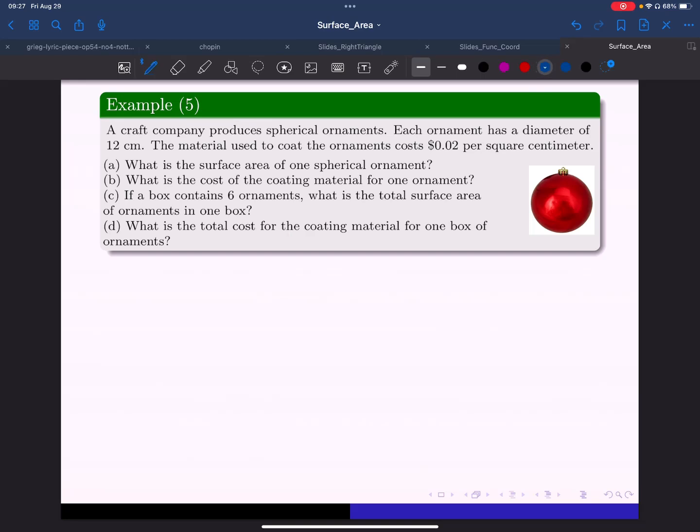So we have the diameter of the sphere right here. Diameter is 12, so the radius is just 6. Radius is half of the diameter, because this is one radius, another radius, right? So for the surface area of the sphere, the radius is just 6.